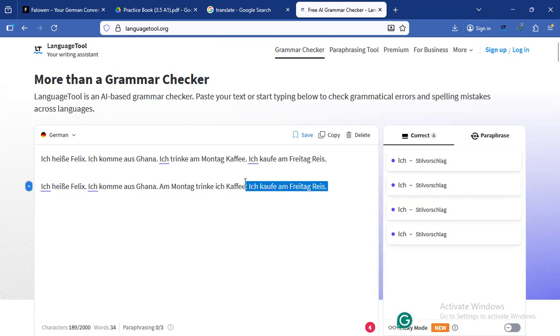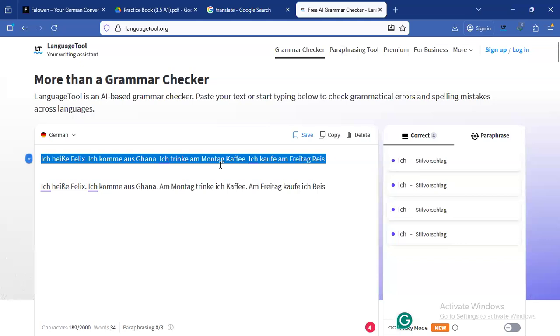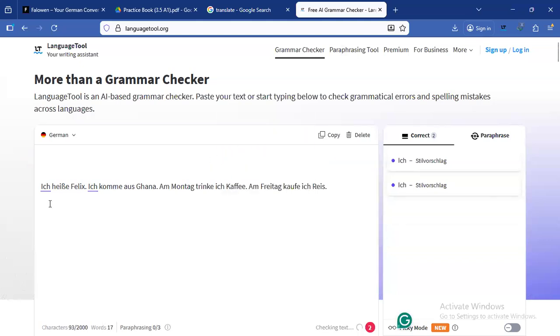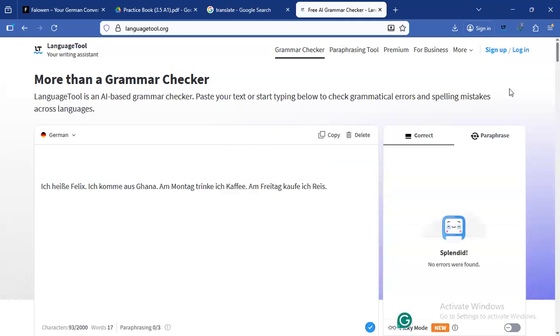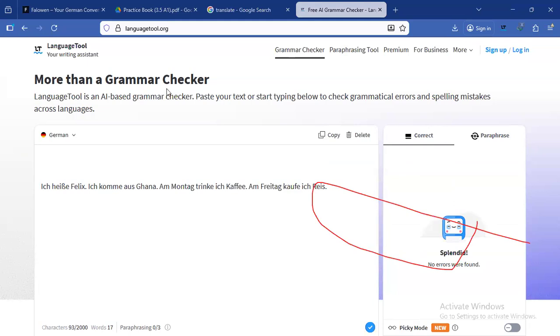And let me change here to "Am Freitag kaufe ich Reis." Then let me clear this one. You realize that now they are telling me that it's splendid, no errors were found.